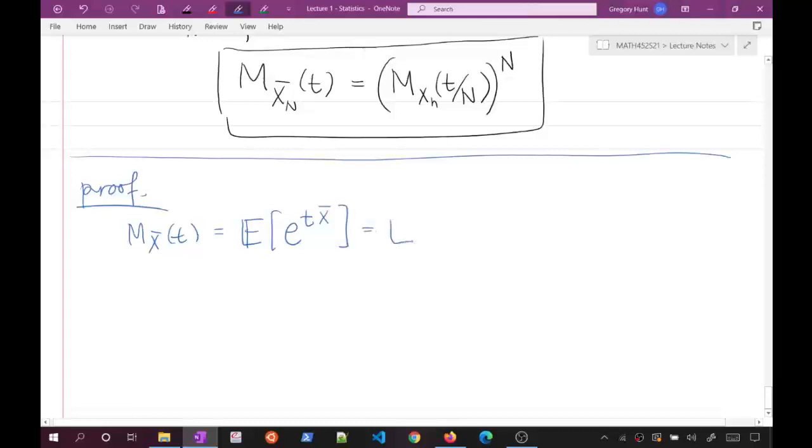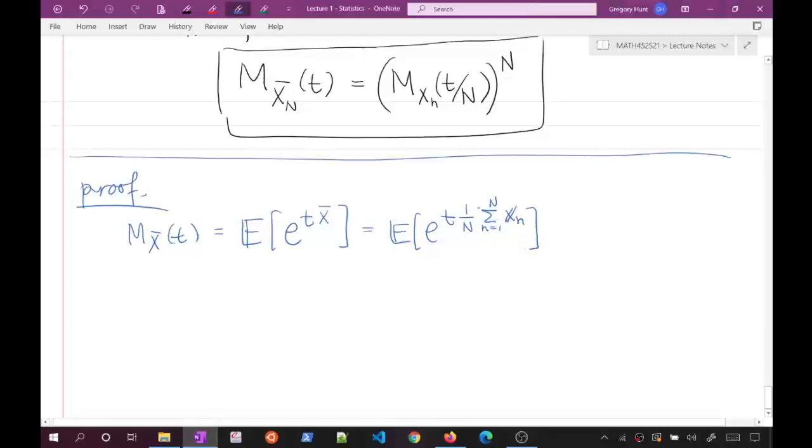Let's expand this out a little bit more. X bar is 1 over the sample size times the sum of our data. And I can now use some nice tricks of exponential functions, some algebra here.